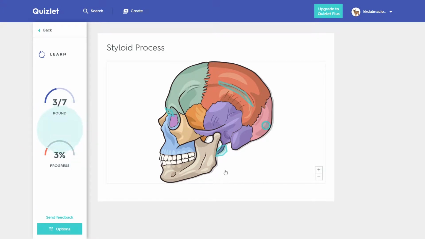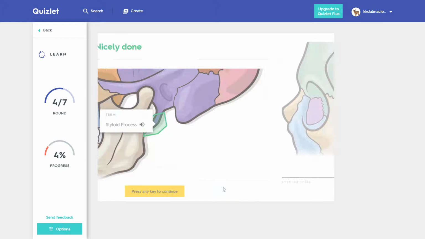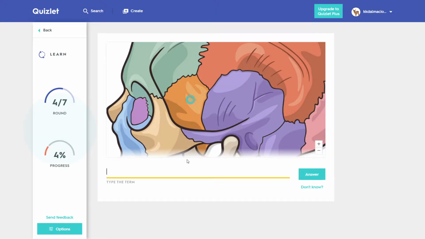Styloid process, that's the pointy pen thing of your skull. So that would be right here. Okay, they're making me type a term for what this part of the skull is. I'm going to have to go with the sphenoid, because the sphenoid is seen through an opening in your, what's the anatomical term for eye socket?